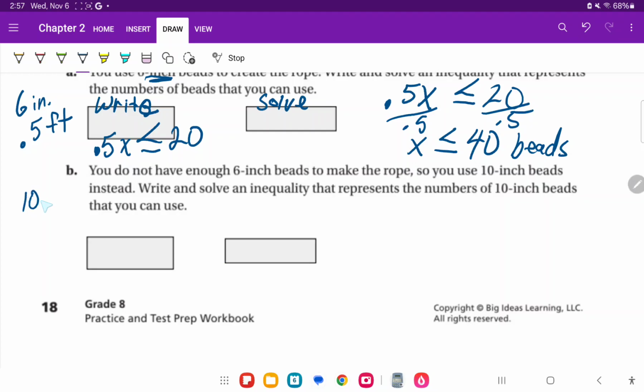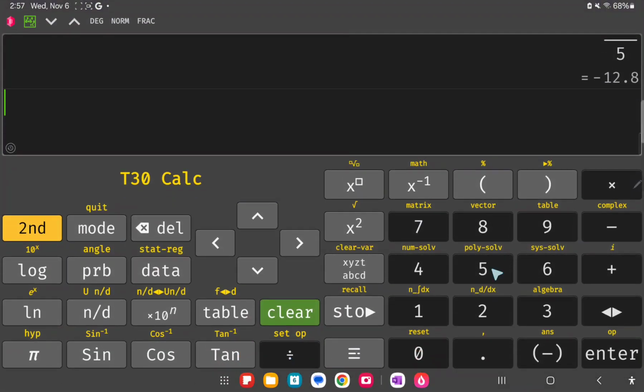So 10 inches is 10 over 12, so it is 5/8 feet. 5 divided by 8 is 0.625.